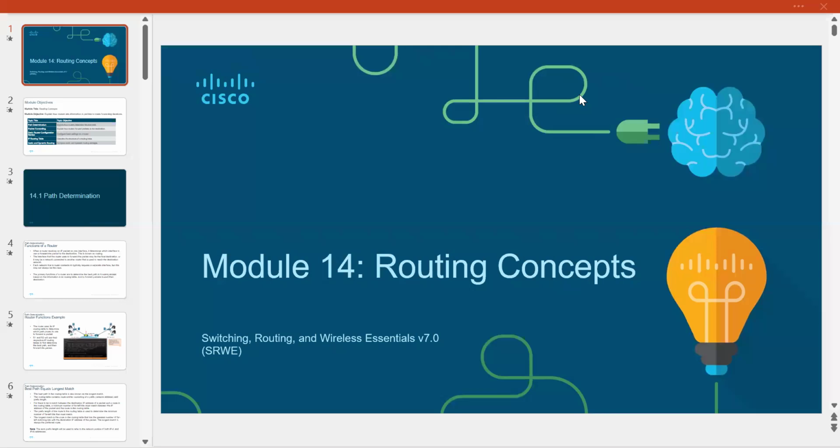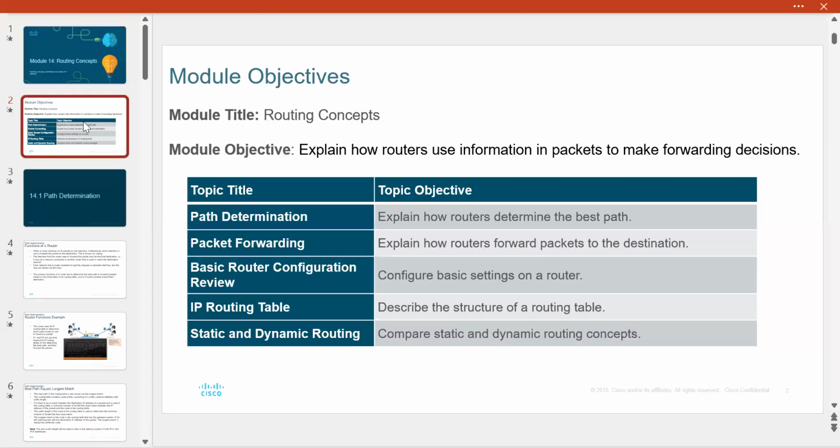So to go through this one, to begin, we'll discuss path determination and path forwarding. How does a router perform those duties? Basically a router has two functions. One, to determine the best path. When a packet arrives at the router, the router determines the best path out of the router to the destination network.